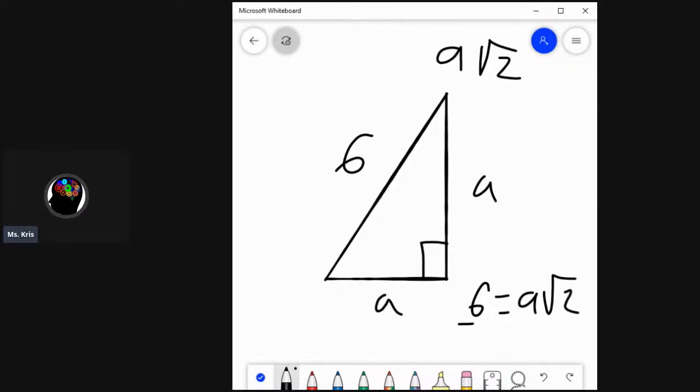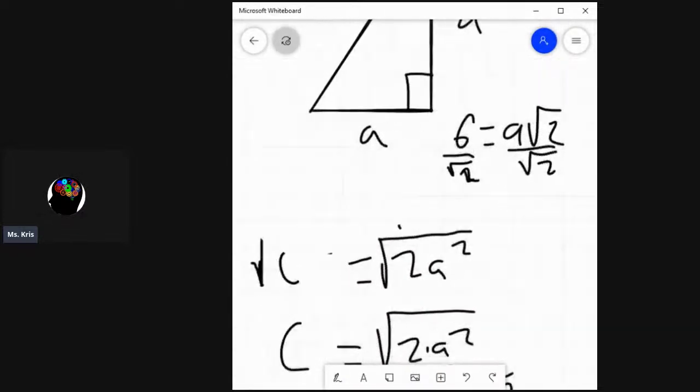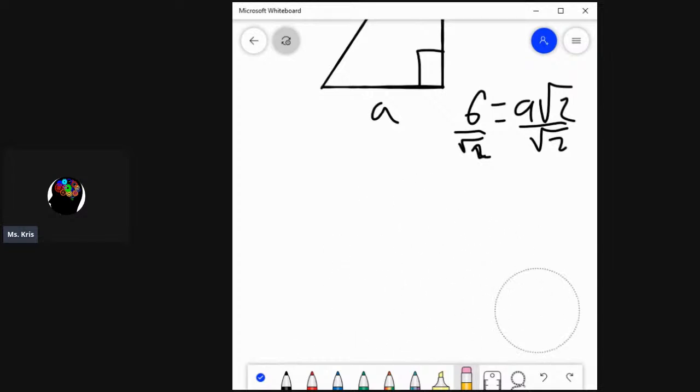We then can divide both sides by the square root of 2 to get my a.